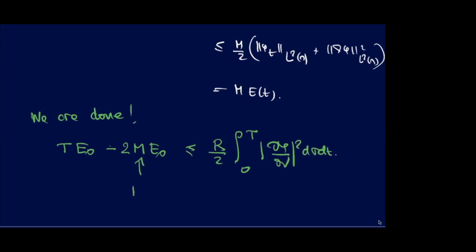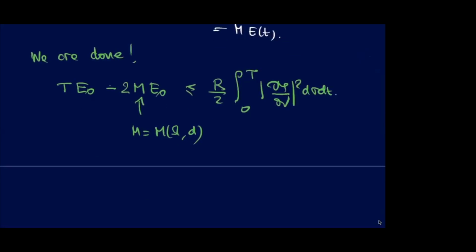So m depends on omega and the dimension, and T is arbitrary. Well, are we really done? My goal was to estimate the total energy out of the energy concentrated on the boundary.